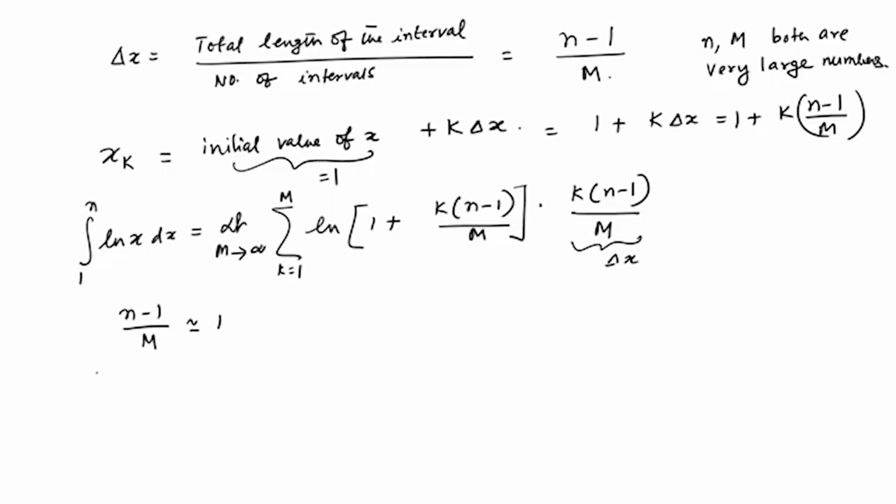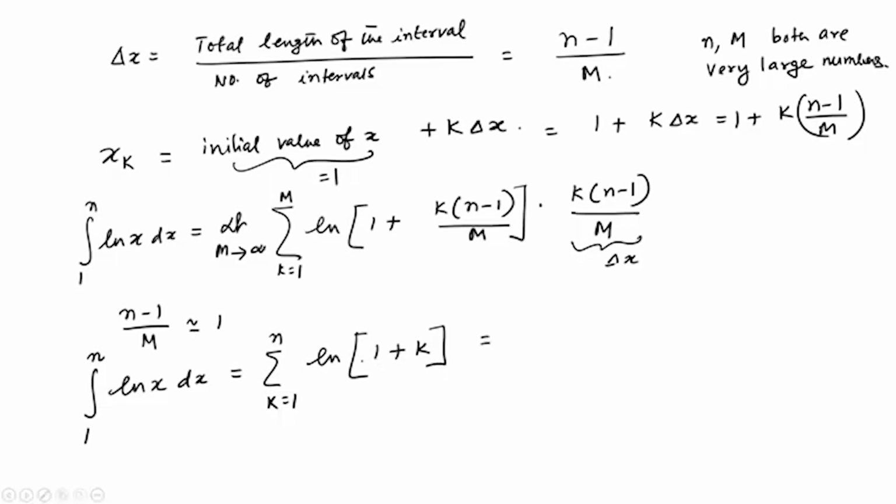So, then we have this integral from 1 to n of log of x dx equal to the sum over k equal to 1 to n of log of 1 plus k. Okay. Now, realize that log of 1 is 0 and this sum goes from 1 to n.